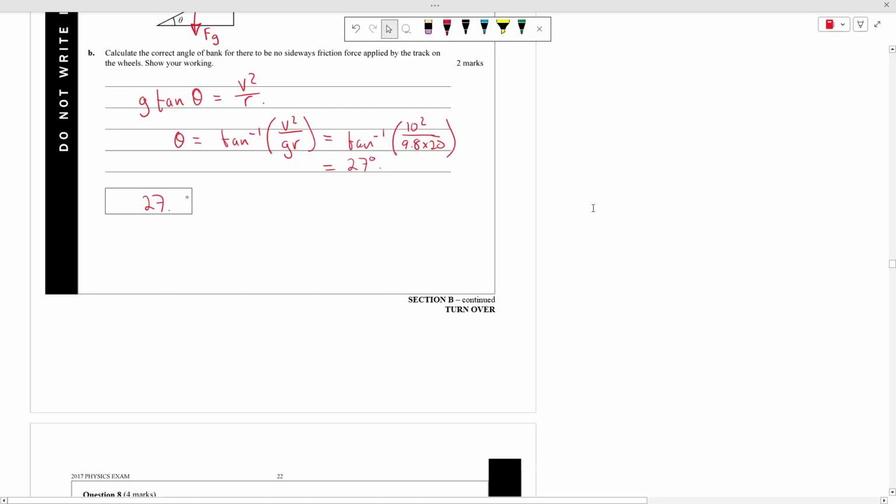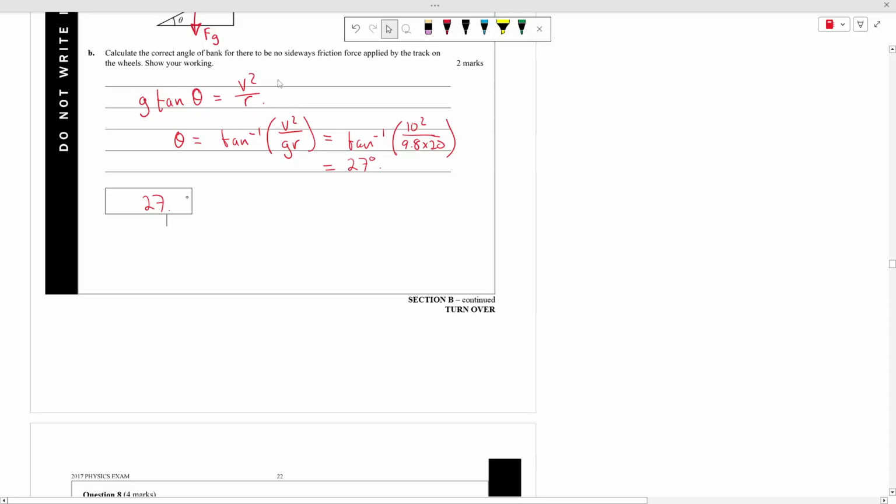Yeah, it's worthwhile going back into the notes to see where this comes from. It just slipped my mind for a second, but we've got a way to set this up on your banked track. It's just to do with how the vectors of the forces interact with one another. This is a very useful formula to have on your cheat sheet.